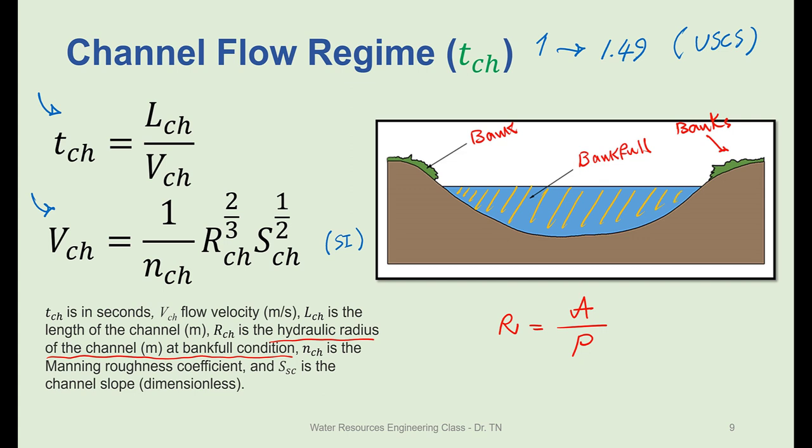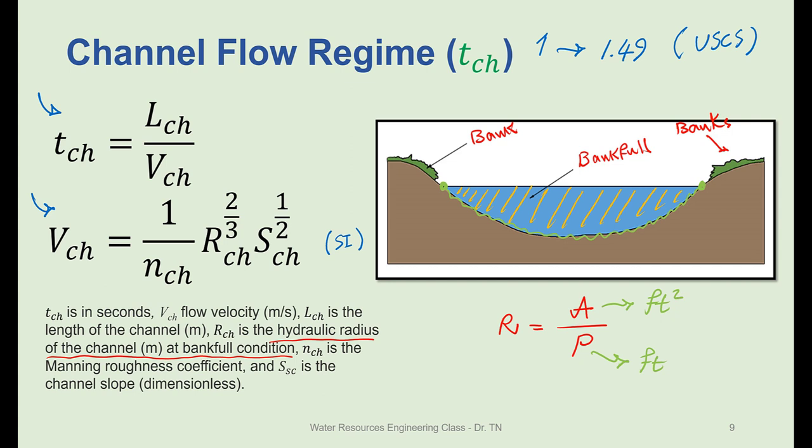And if I want to show you wetted perimeter for this channel, it would be this line that I am going over. So this is the wetted perimeter of the bank full condition. So this length, in other words, the units for wetted perimeter are units of length, such as feet, and the units for area is going to be square feet, for example.